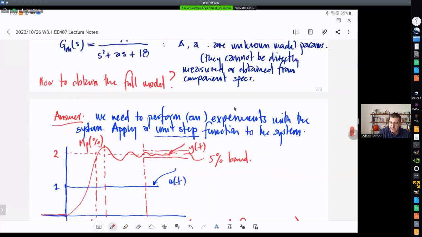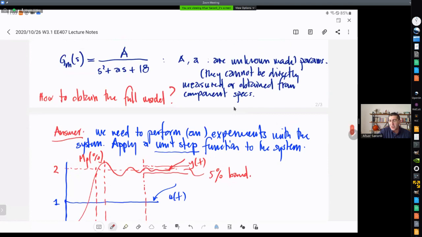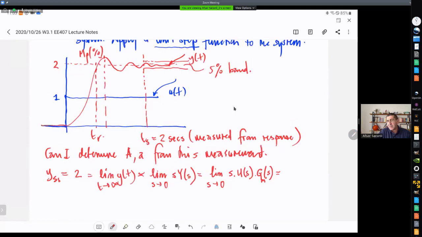Since we have a unit step function, that's going to be the limit as s goes to 0 of s times 1 over s, coming from the unit step, times GM of s.